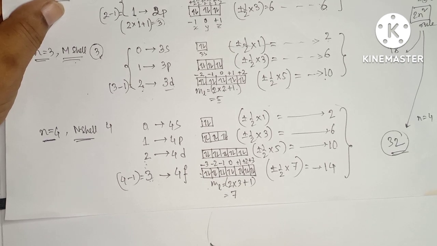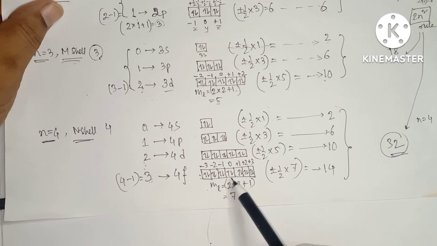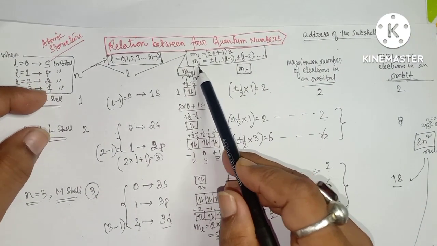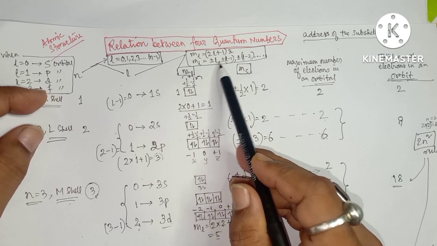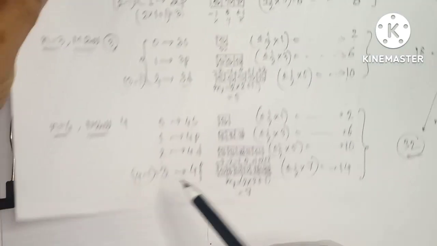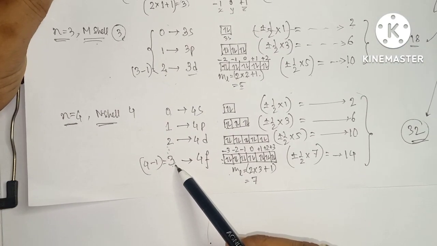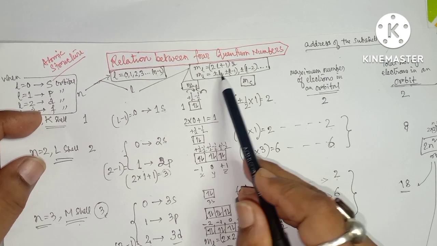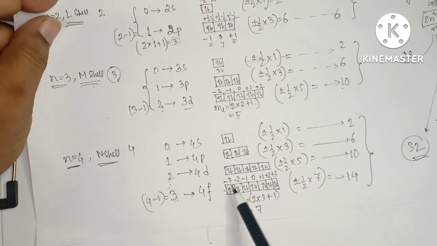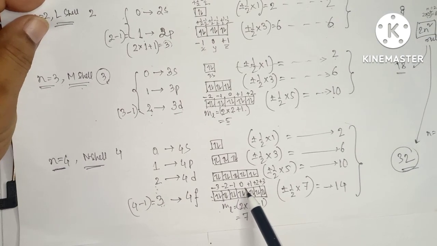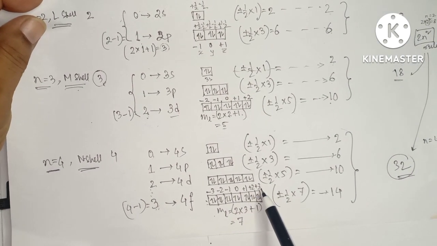Now you may ask, sir, what will be the address of each room? Yes, you can use the relation ml is equal to plus minus L. You can put the L value as 3, the range minus 3 to plus 3. See what you will get: minus 3, minus 2, minus 1, 0, plus 1, plus 2, plus 3.